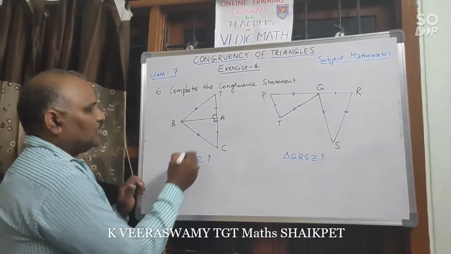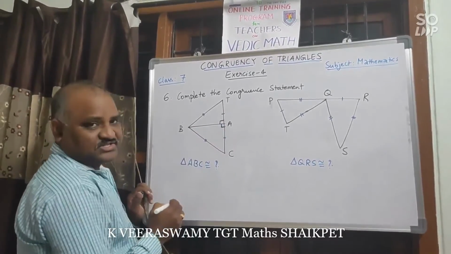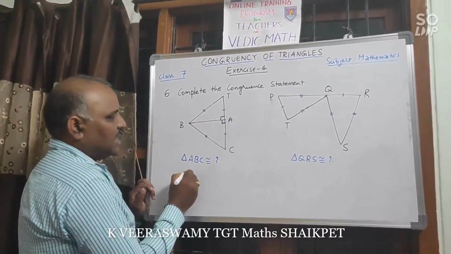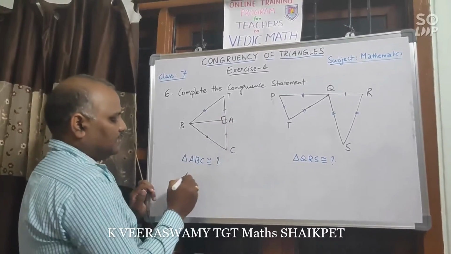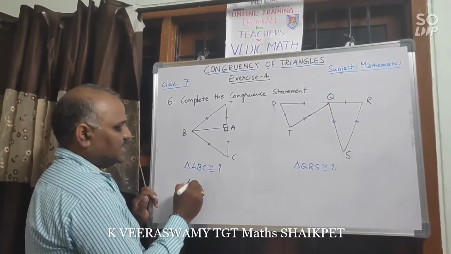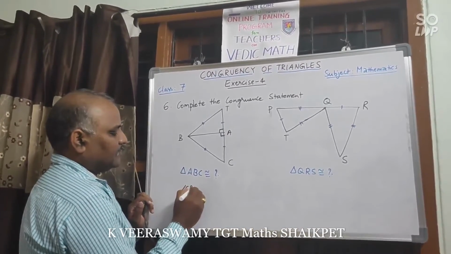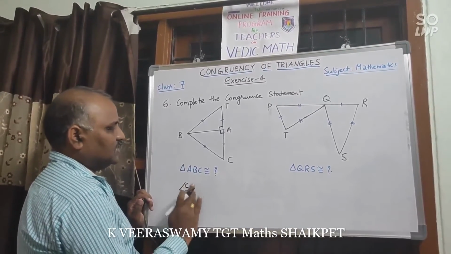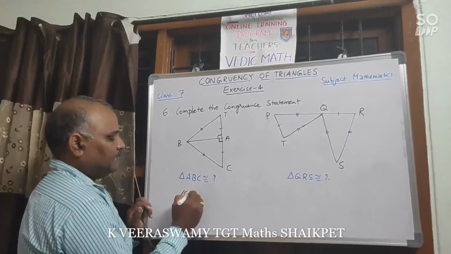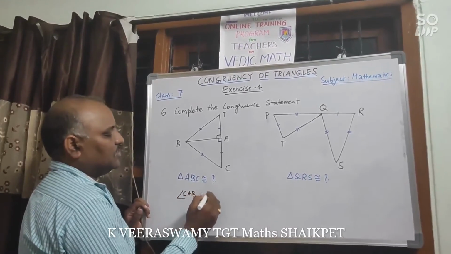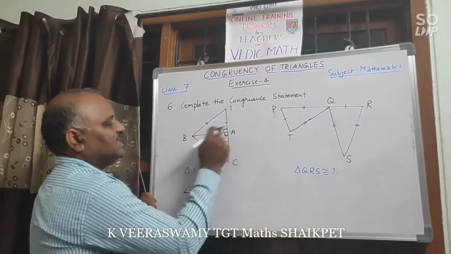Okay, so basing on RHS, here we can take angle A, that means angle CAB is congruent to angle TAB.